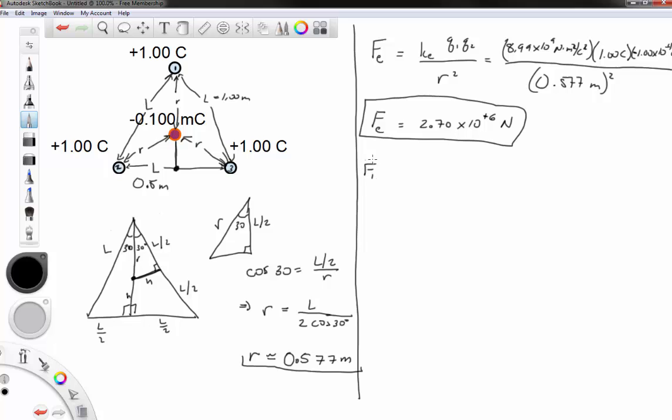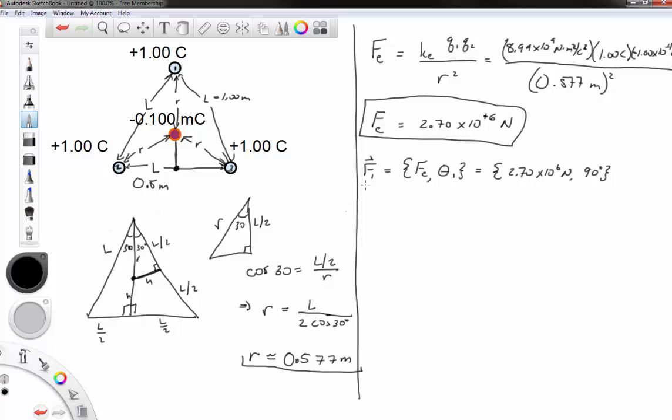So F1 is basically going to be written as Fe comma theta 1. And what that looks like is 2.70 times 10 to the 6 newtons, comma, and it's actually straight up, so 90 degrees.